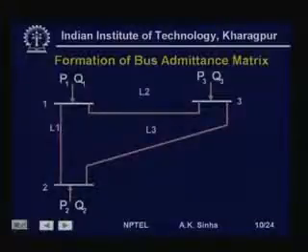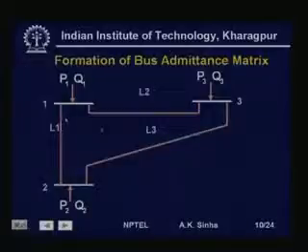In formulating the mathematical model, we need to formulate first what we call the bus admittance matrix. We will see what this actually is. Now, I have taken here a small power system with 3 bus bars. The bus bar 1 has a real power injection P1 and a reactive power injection Q1, whereas bus bar 2 has a real power injection P2, reactive power injection Q2, and bus bar 3 has real power injection P3, reactive power injection Q3.